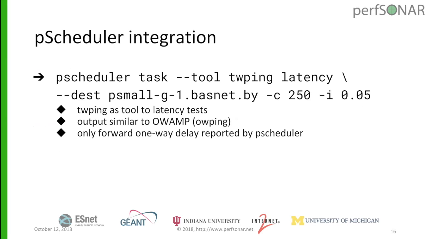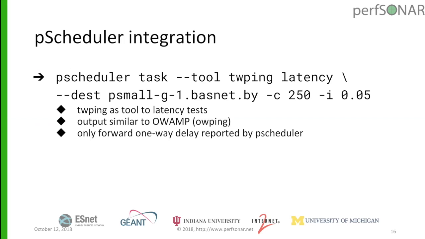And I will show you as well the pScheduler integration, and this is how you would run a pScheduler latency task with the TWPing command. So if you are familiar with pScheduler, this should be straightforward as well.